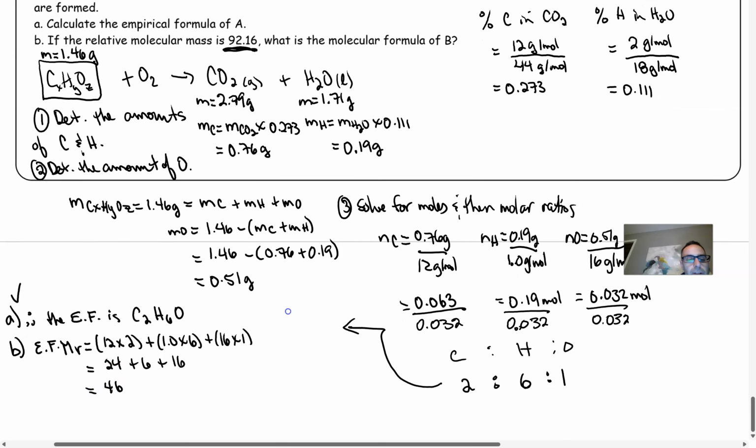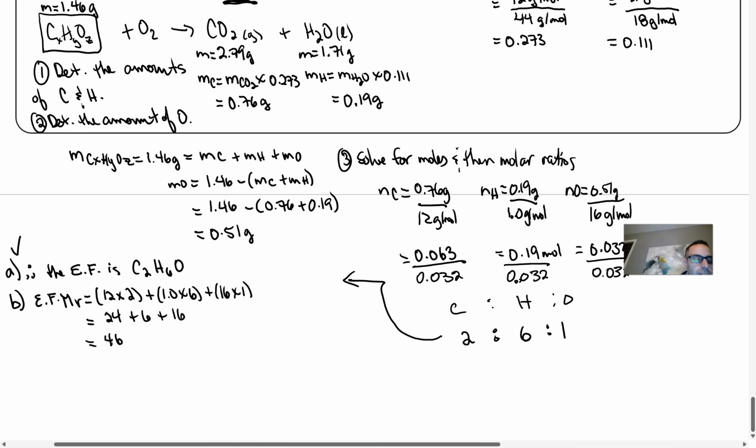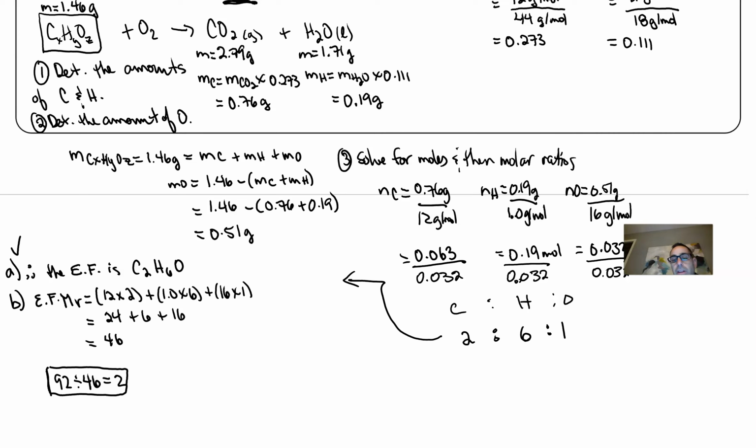Now right away we can see when we compare 46 to 92, 92 divided by 46 is going to be equal to 2. So this little comparison here is super important, because what that tells us is that our empirical formula is only half of what it should be. So we need twice as much of each atom.